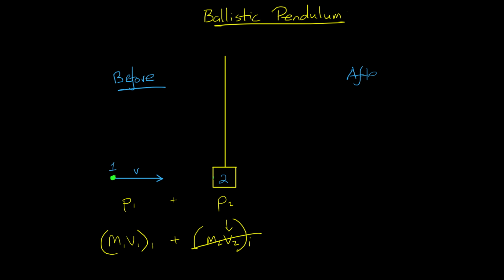Now, following the collision, you'll notice that the suspended wooden block gets struck by the projectile, which is this musket ball. The musket ball fires and strikes the suspended wooden block and embeds itself within the wooden block.